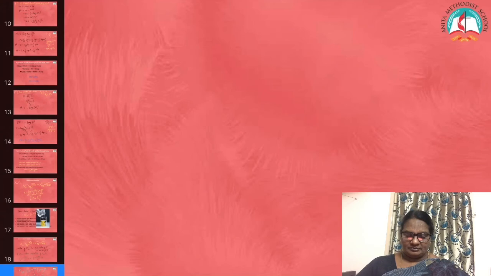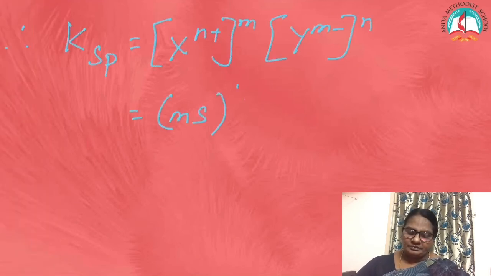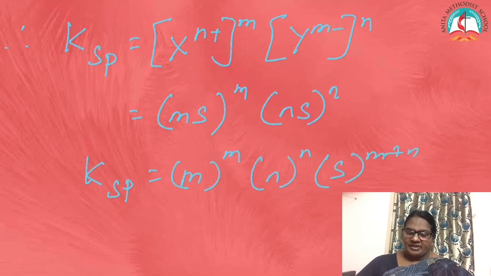So I have mS to the power m and nS to the power n. Since S is common, we can simplify and write the equation as solubility product is equal to product of m to the power m and n to the power n into S to the power what? m plus n.